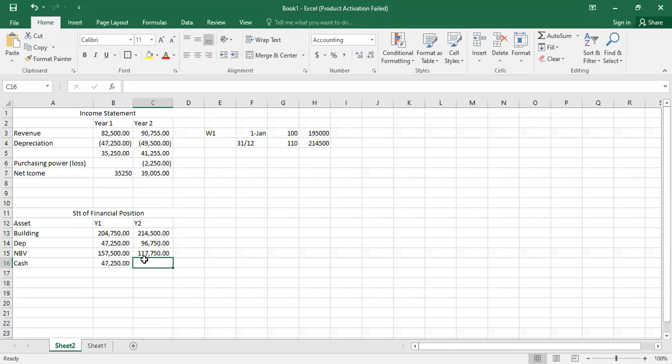If it's not affected, it will remain the same, but it's affected. The current purchasing power is 110 as at the end of the second year. 120, that's 51, 47,000, 51,975. I say no.